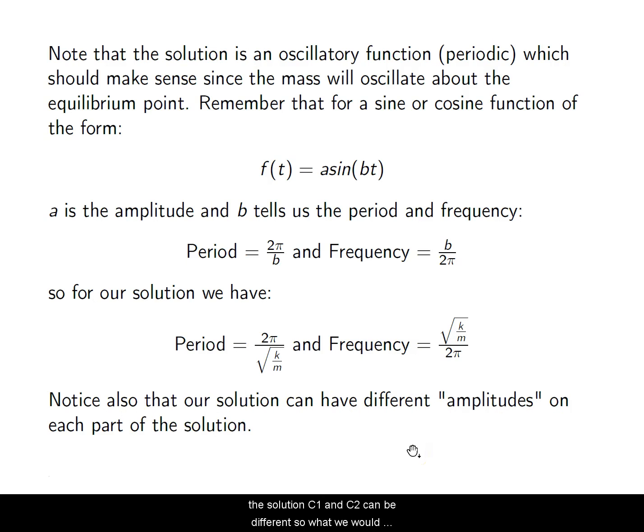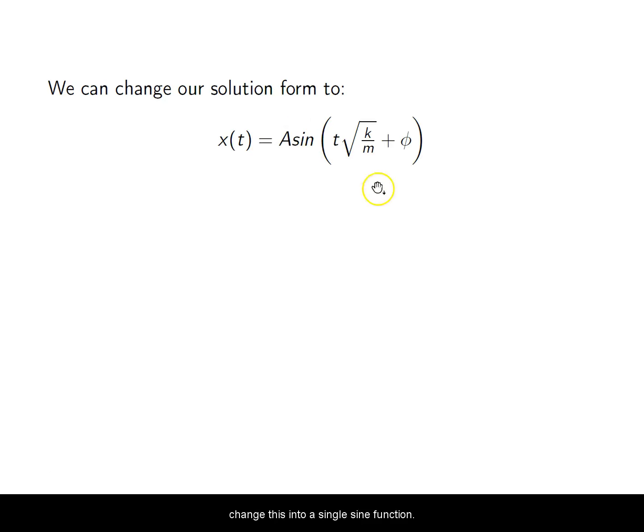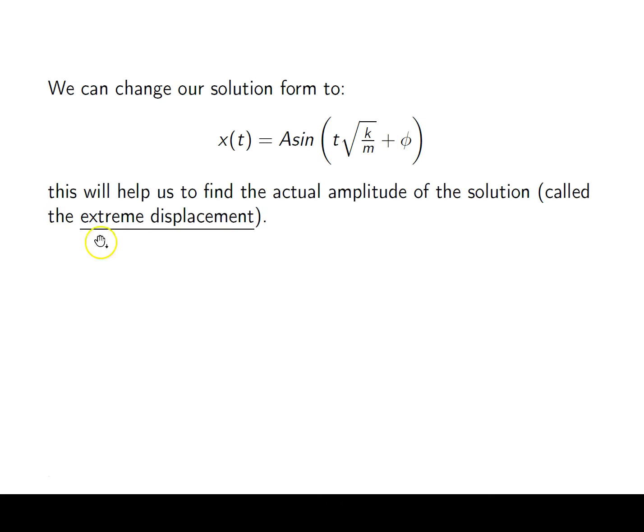So what we would do is change this to an easier form through the sine rule so that we can talk about a single amplitude which represents our system. We would change this into a single sine function where A is the amplitude. We still have the same value here for the periodicity, and then we have this phi phase shift going on as well because we're combining different functions.